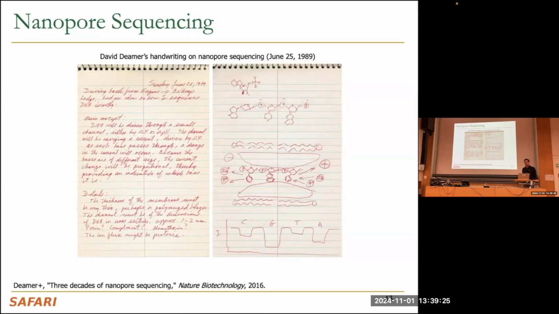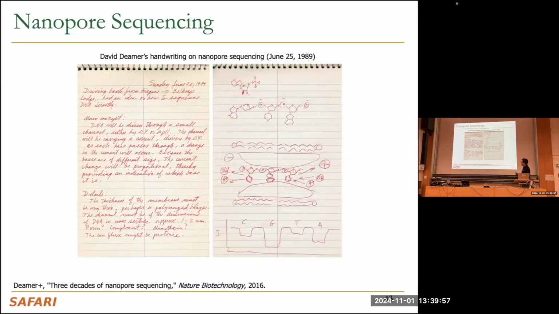The question was, can we move this DNA from one region to another while we have a current flow between the two regions? Can the movement of this DNA disrupt the ionic current flow? And would this disruption be informative so that we can tell each base, each nucleotide in the DNA?